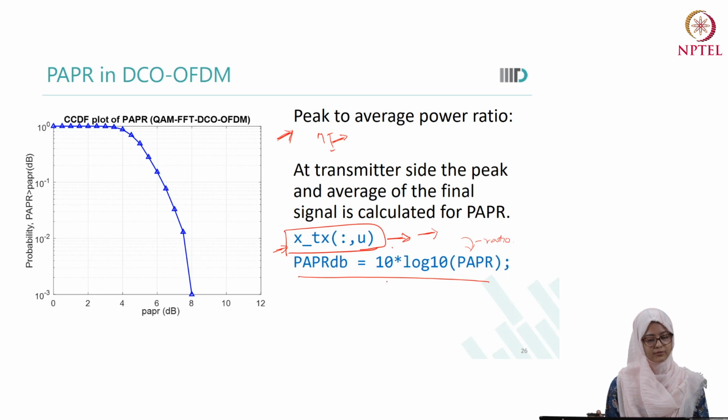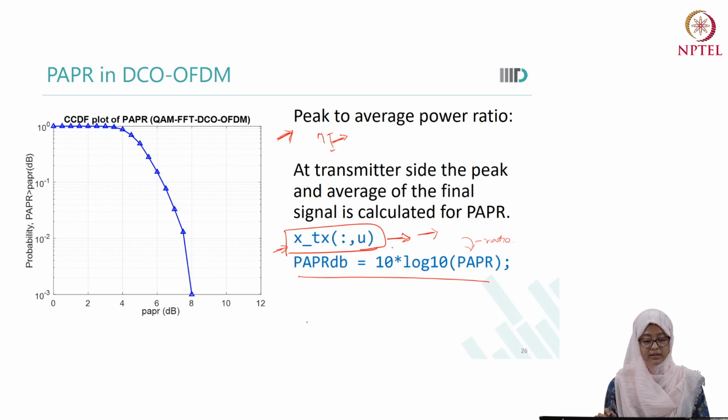The CCDF, the complementary cumulative distribution function, is a standard way to show the PAPR performance of an optical OFDM modulation technique. CCDF is equal to 1 minus the probability of PAPR being less than some threshold. In other words, it is the probability that a given PAPR is greater than a given threshold.